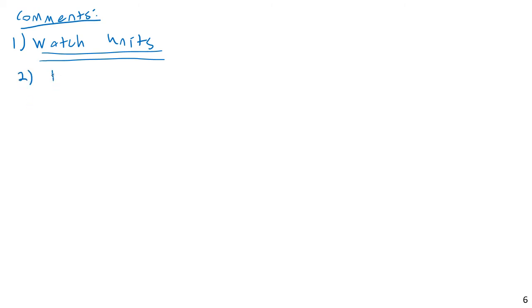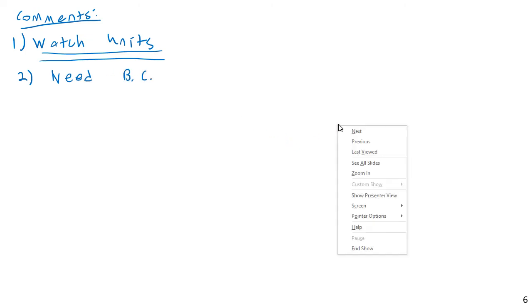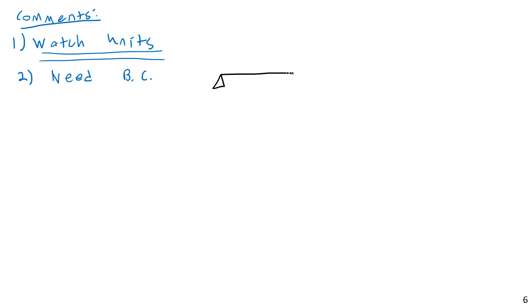Two, you will need boundary conditions. And for a fixed beam, it's relatively simple because you have the deflection and the curvature being equal to 0 at one point. That's very convenient. The problem is, what about a simply supported beam? With a simply supported beam, there is no point where the curvature is equal to 0.